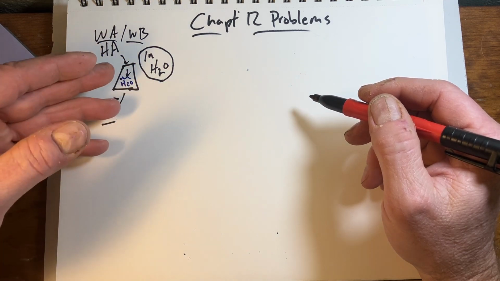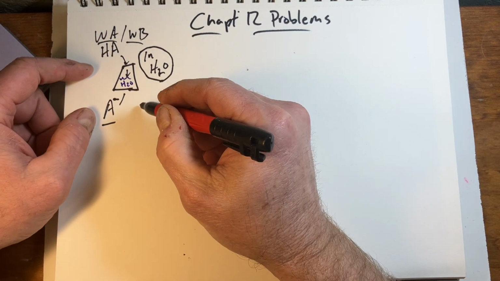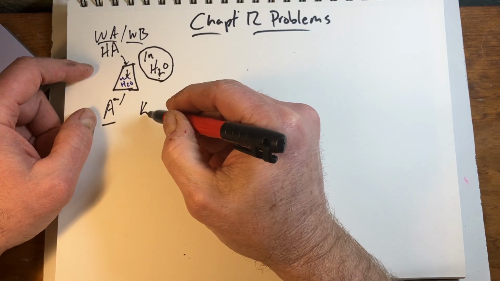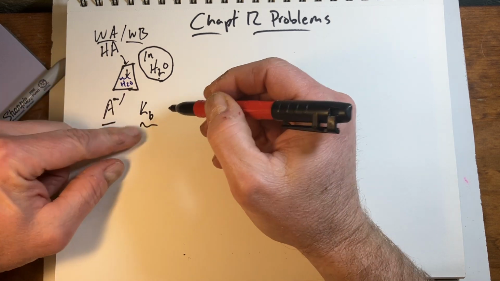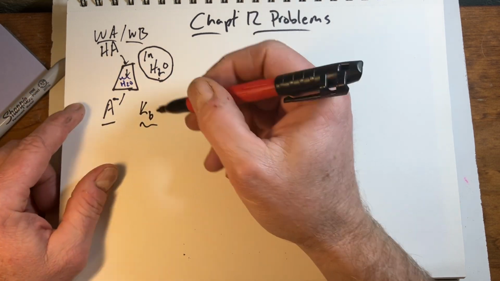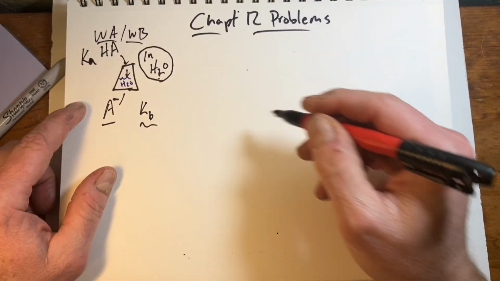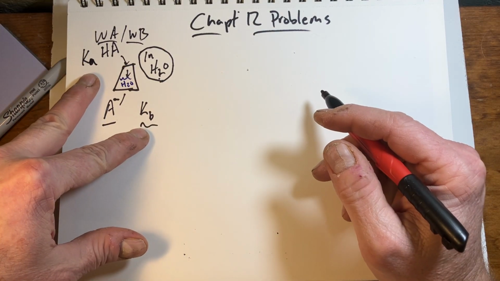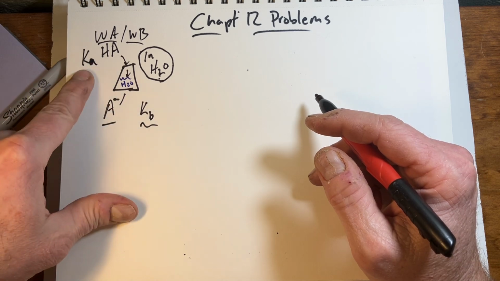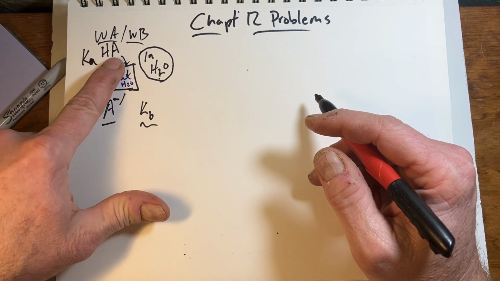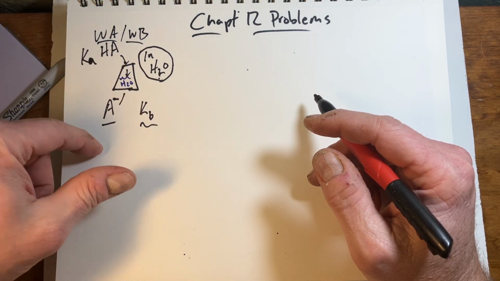When you have a weak acid and a weak base combination, they're going to come to some equilibrium, and we understand those equilibria in water as either Kb for the base or Ka for the acid. And what that means is it's the equilibrium of the weak acid with water. Reaction of HA with water makes H plus and A minus.